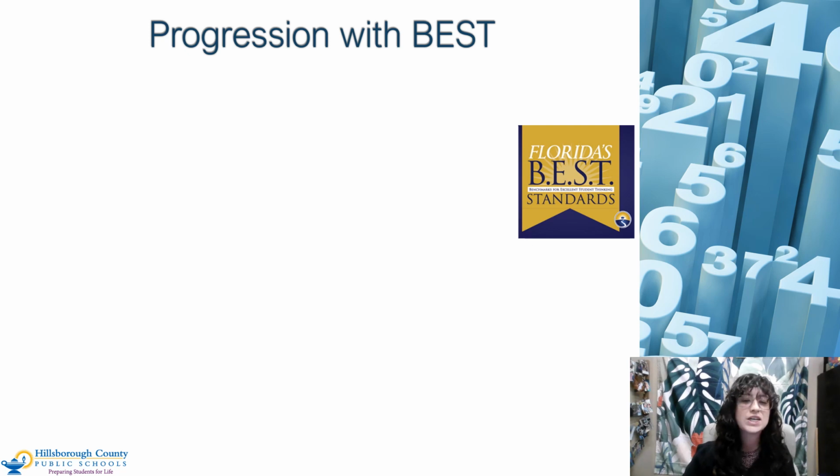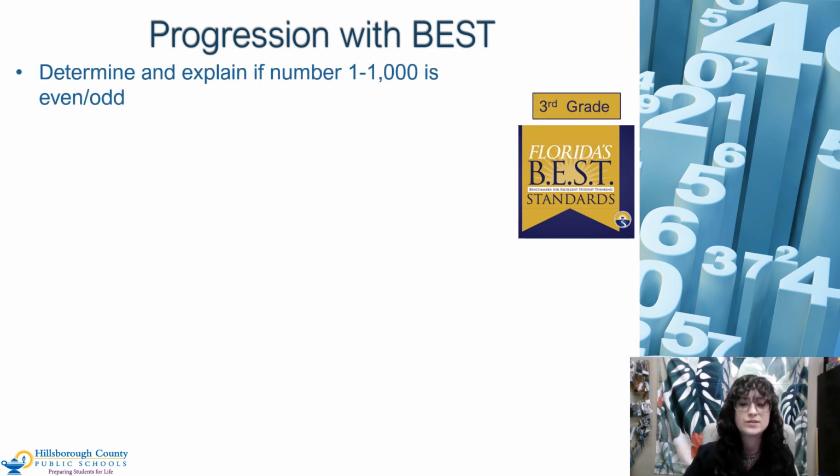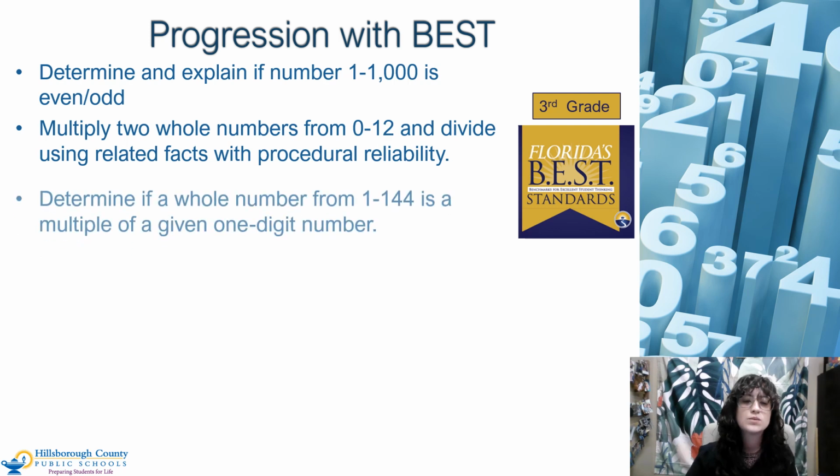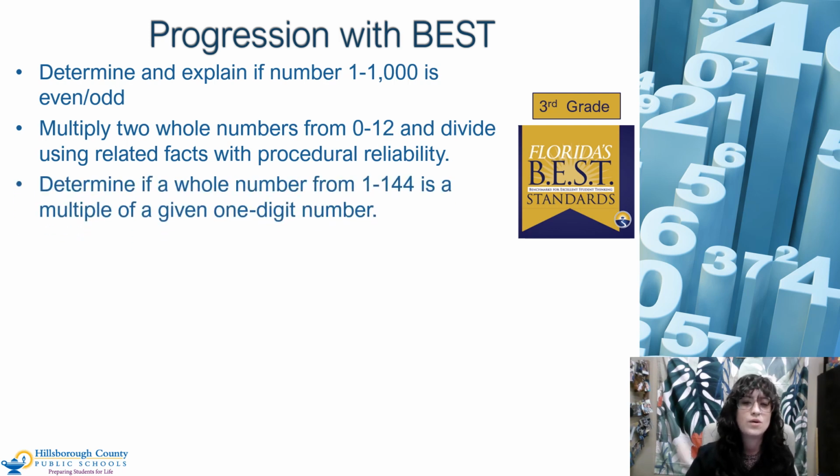Welcome back. Let's talk about the progression with B.E.S.T. for this benchmark. In 3rd grade, students were expected to explain and determine if a number between 1 and 1,000 is even or odd. They had to multiply two whole numbers from 0 to 12 and divide using those related facts, as well as determine if a whole number between 1 and 144 is a multiple of a single digit number.